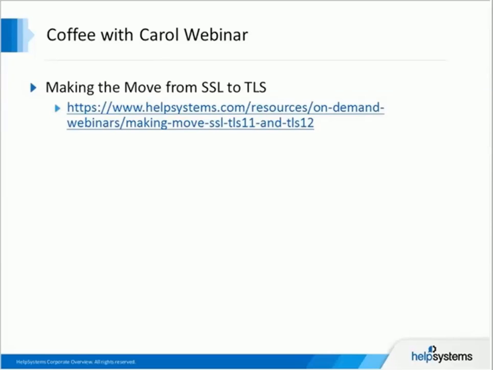Now, if you are totally unfamiliar with encryption capabilities on the system and with needing to stop using SSL and move to TLS, we did another one of these sessions. We call them Coffee with Carol. And there's a webinar that I did very specifically about these system values. So I encourage you to go and listen to that if you need more information.